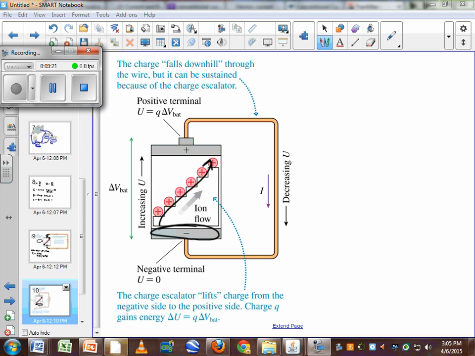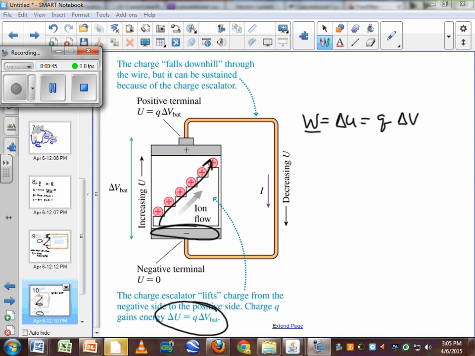Now, when I said that they're doing work, we have this equation right here: there's a change in potential energy. The work that's being done is causing a change in potential energy to occur, and that equation is Q times delta V. It's the charge times the potential difference. It's very similar to force times distance. In this case, it's charge times potential difference.